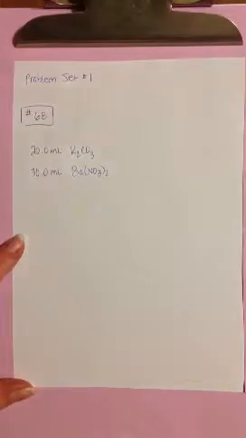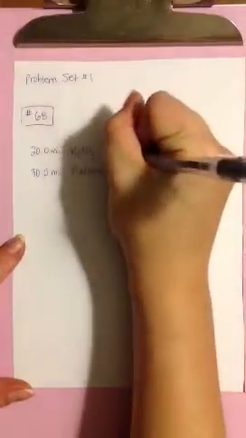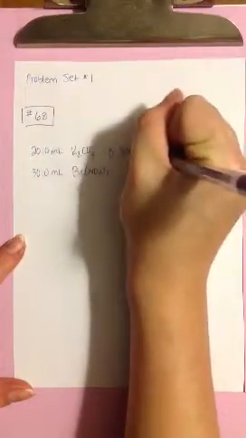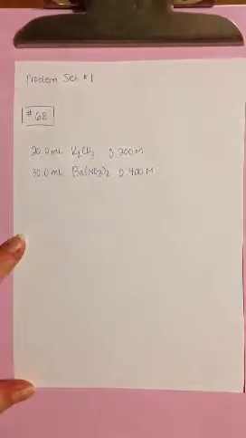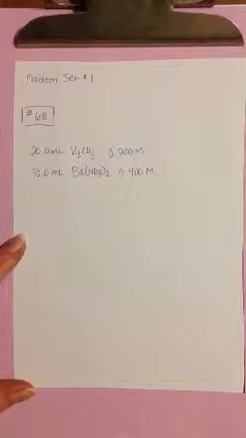The potassium carbonate is 0.2 molar, and the barium nitrate is 0.4 molar. And it tells me that barium carbonate precipitates.